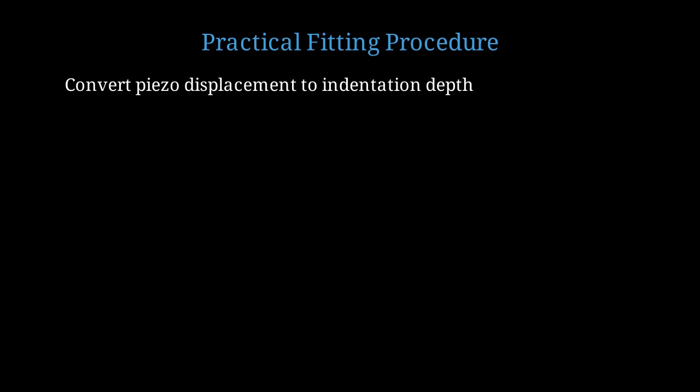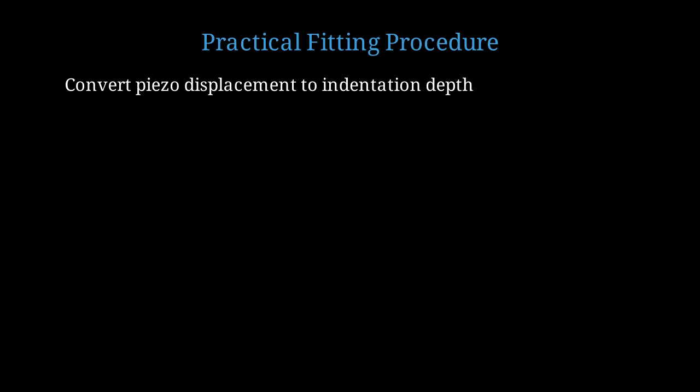In practice, here's how we fit the data. First, identify the contact point where the tip touches the surface. This is where the force curve transitions from long-range attraction to steep repulsion. Second, convert the piezo displacement Z into actual indentation depth delta. The relationship is delta equals Z minus Z contact minus deflection of the cantilever.